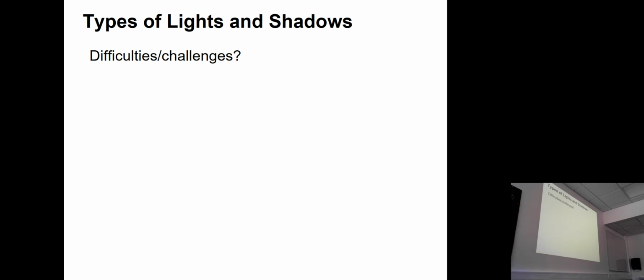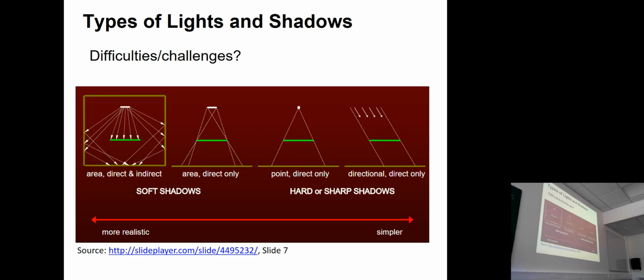Yeah, this looks like this from complicated, slow but more realistic to simple, fast but not very realistic. So let's start with directional light. When you have directional light rays coming from some infinite location and you have an object that is obscuring, you have hard shadows.